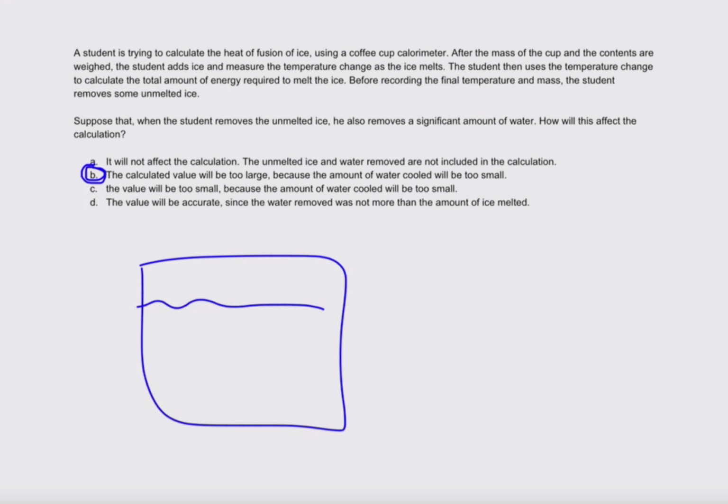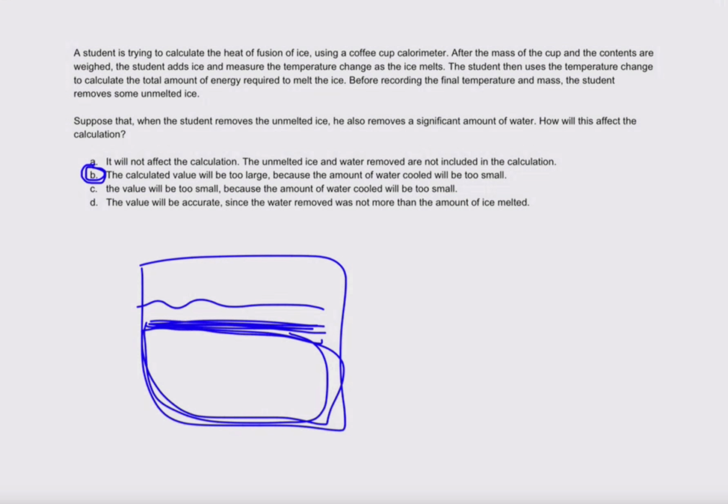And if you took out a little bit of extra water, then you're basing the heat of fusion on a smaller amount of ice, a smaller amount of water. So you're going to assign the amount of energy to an amount of ice that's too small, which means you're going to think that it took more energy than it did to melt that ice.